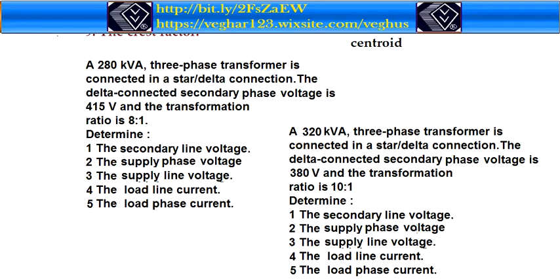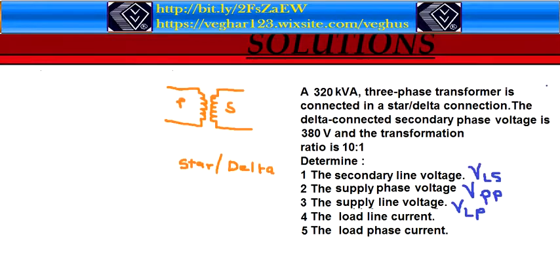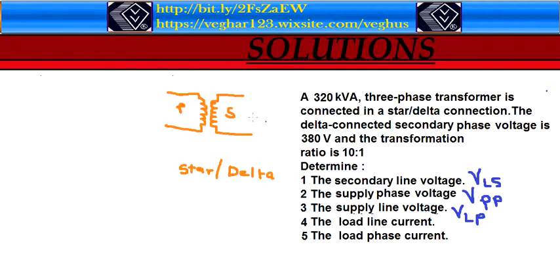Let's do a transformer calculation. So we're going to do this one. We're given 320 kVA, the power of a three-phase transformer, connected in a star-delta connection.